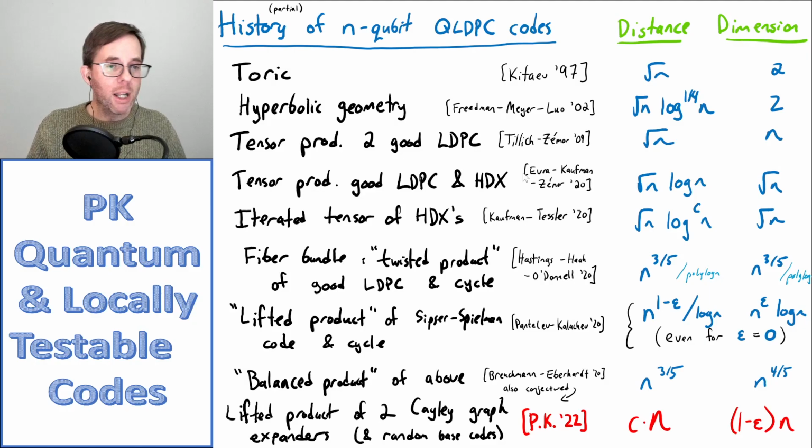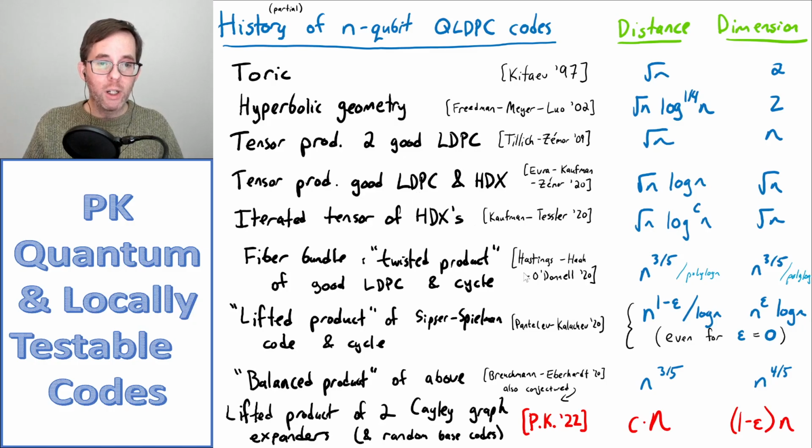And this paper had many other beautiful properties, including an efficient quantum decoding algorithm. Great. Later, Kaufman and Tessler that year showed that by doing some iterated tensor product of high dimensional expanders, you could get similar results, but boosting the distance of the quantum LDPC code up to root n times any polylog.